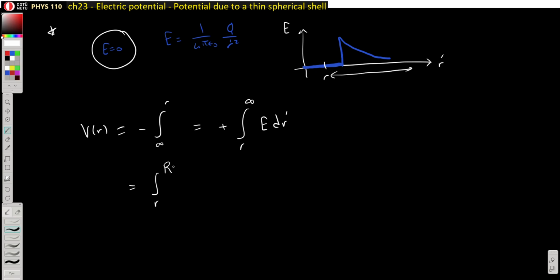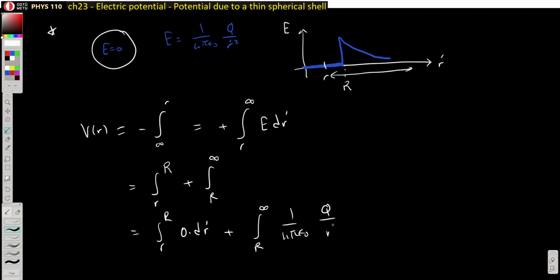So first, I can integrate from this inside point to the surface, and then from the surface to infinity. Right? So therefore, I'm just going to write it down like that. So first of all, I need to integrate 0 from that point to the surface, and then I'm going to integrate 1 over 4 pi epsilon 0 q divided by r prime squared dr prime from R to infinity.